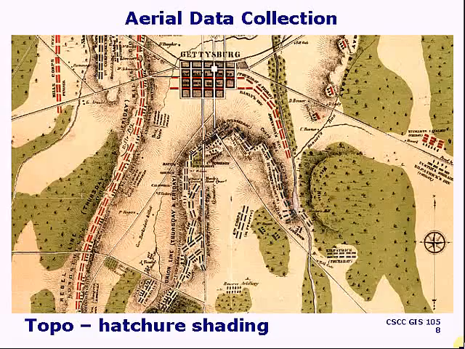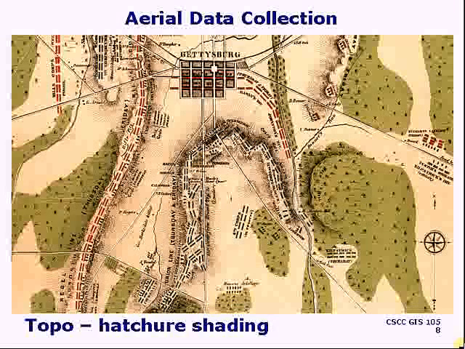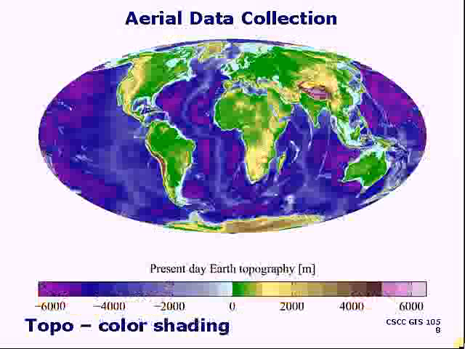And I'm going over some of the older ways of looking at topography because some of them are going to come into play as we move forward in time. You can see how some of these things are used to portray things, even in some modern methods.